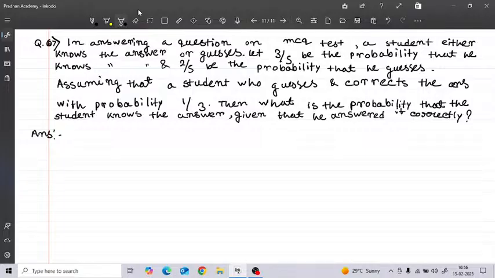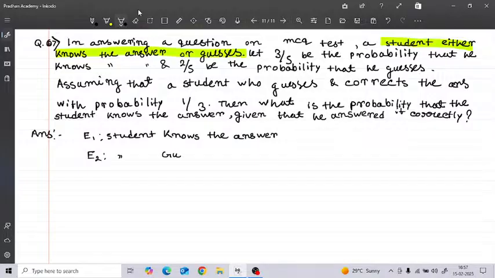As you can see in the question, there are two cases mentioned, that a student either knows the answer or guesses. So we will consider these two events: E1 denotes the event that the student knows the answer, and event E2 denotes that the student guesses the answer.